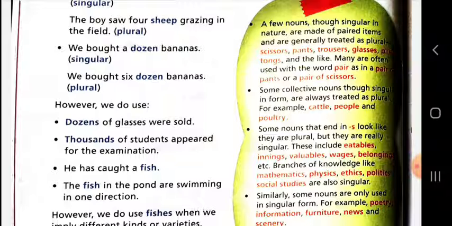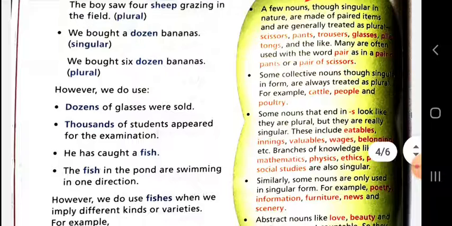Some collective nouns, though singular in form, are always treated as plural. They look like singular, but they are always plural. Cattle, people, and poultry.